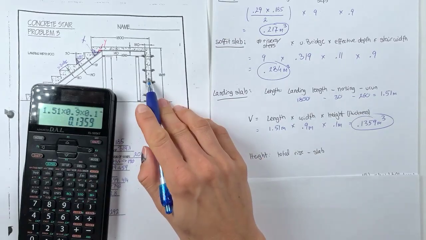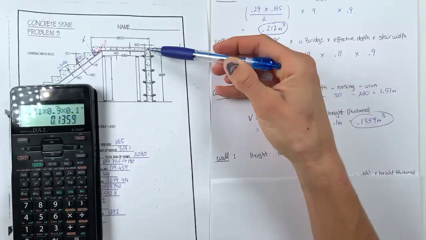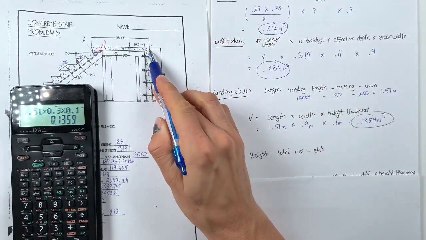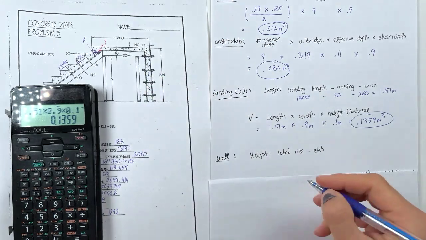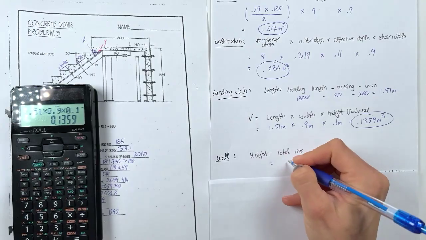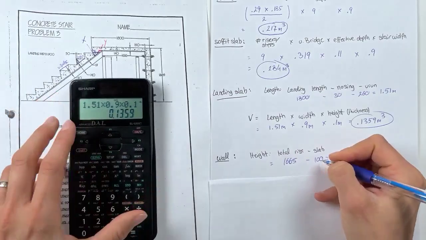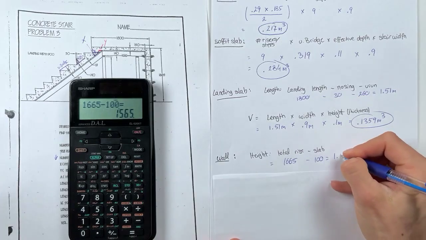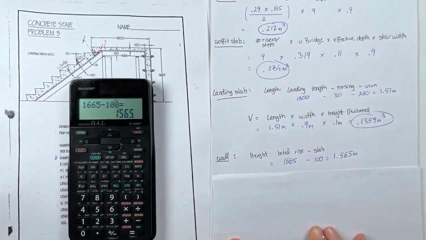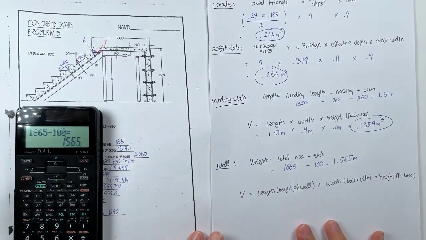Next, we have the wall. So for that, first we have to find the height, because if we did the total height, we'd be buying too much concrete, because the upper portion of the slab is already integrated in the slab volume calculation. So first, to find the height, we have the total rise, 1665, minus the slab thickness. And that gets us the 1.565 meters that we've talked about before. Great. So from here, the volume is always length times width times height.